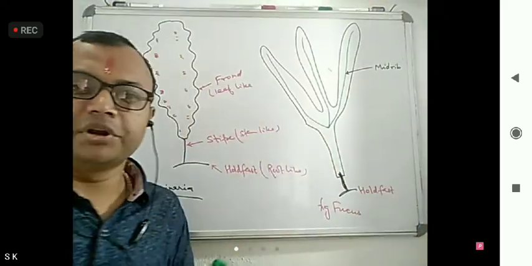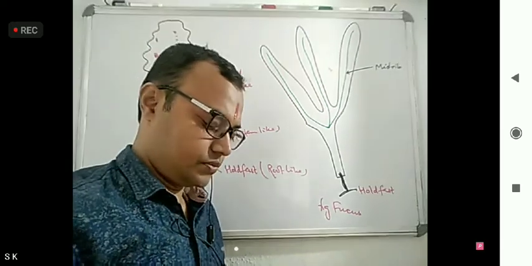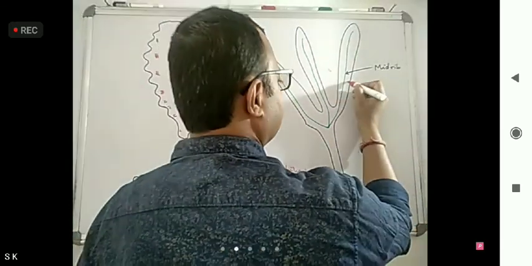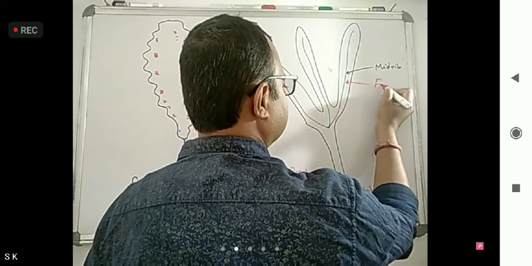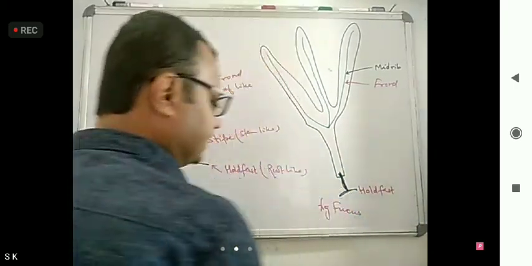This is midrib. Okay. This is frond. And inside that, since it is a giant one, air bladders are there.